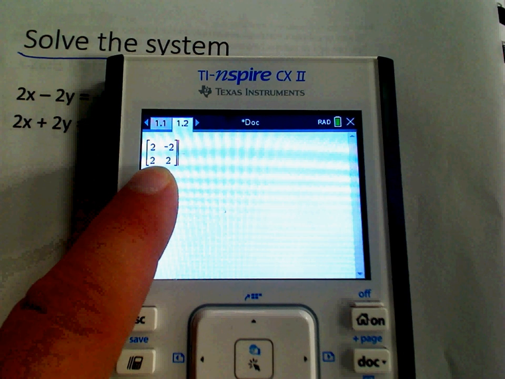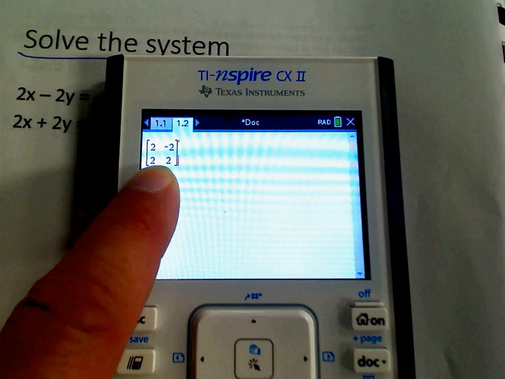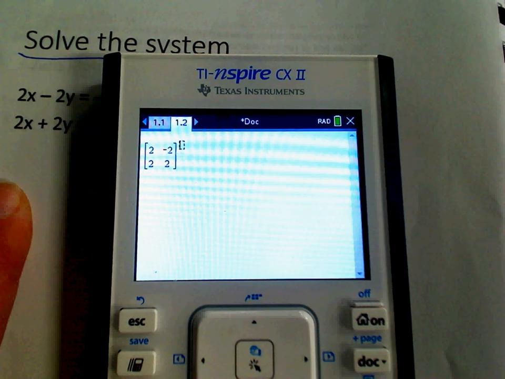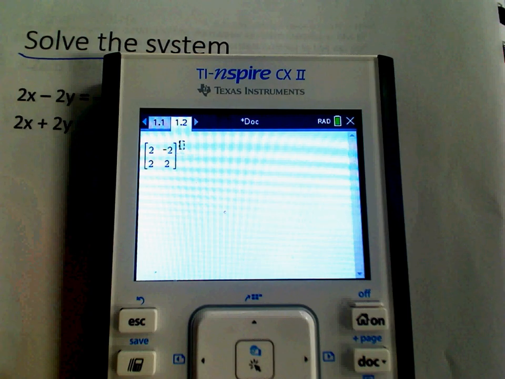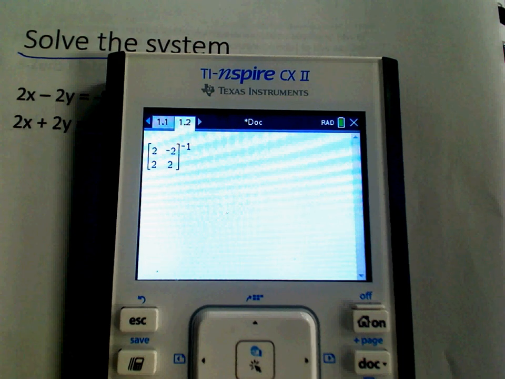Anybody know this trick? I had one person in the morning that knew it. I'll give you a hint. It starts with this. Raise it to something. It's a good guess. Raise it to a -1. You ever heard of that? Anything to the -1 will be the inverse.